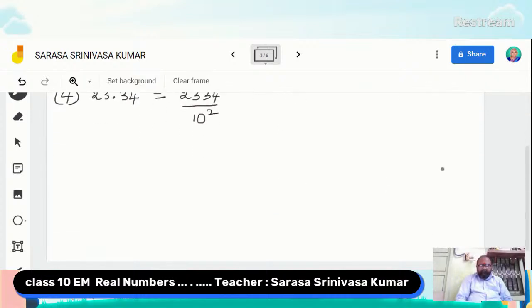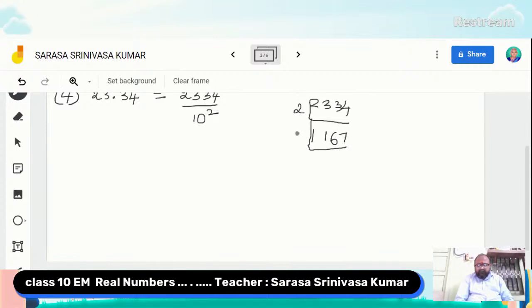2334. Now we find prime factors 2334. Divided by 2, we get 1167.